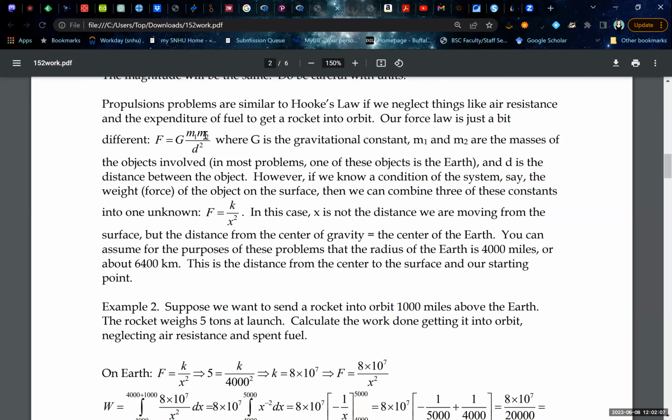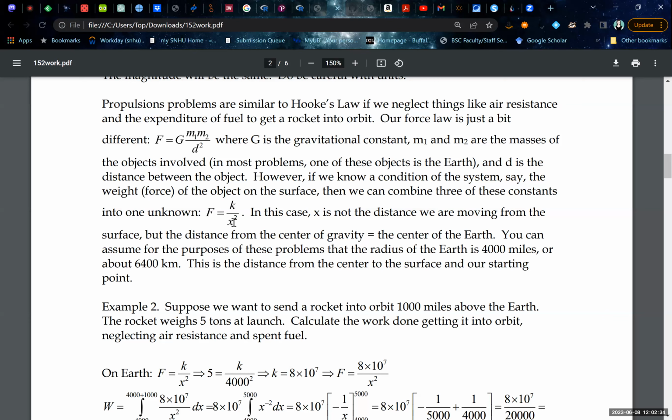But to make our calculations simpler, we're going to assume that that is also roughly constant. And in that scenario, we can reduce all of our constants basically to force is equal to some constant over x squared.